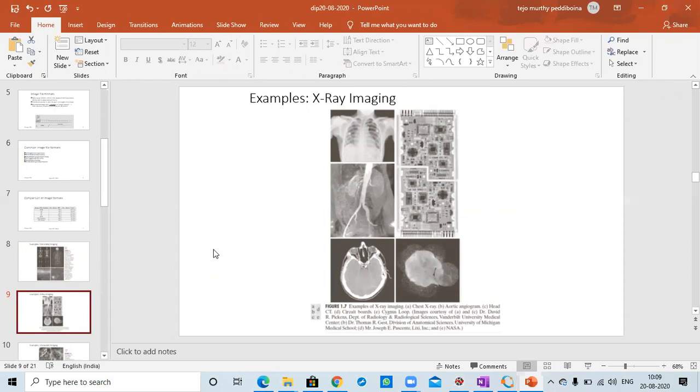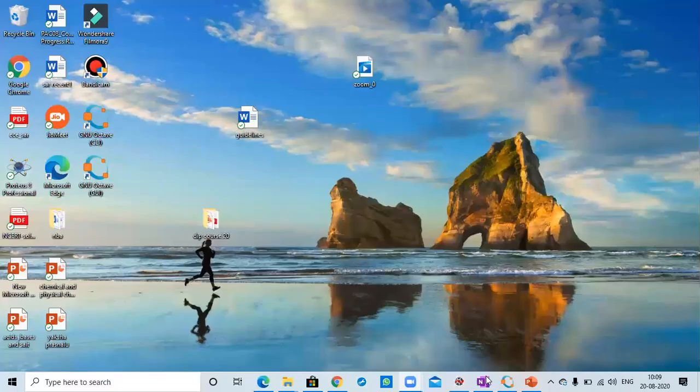Next, another example is X-rays. X-rays are used in medical diagnostics. In the medical field, we use them even for chest scanning. The first one is chest scanning. Let me open this.